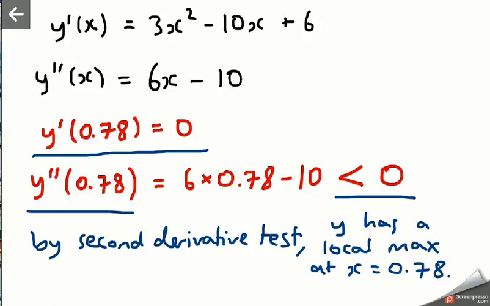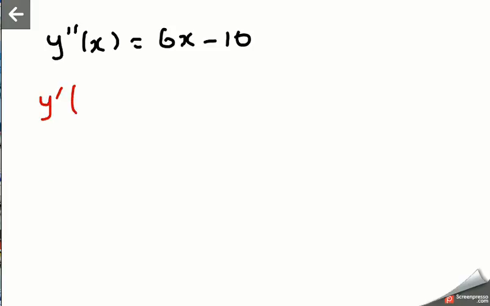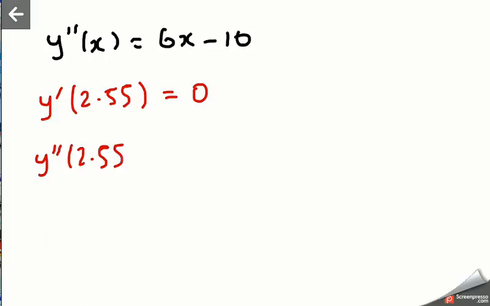Similarly, we can see that y prime prime of x is equal to 6x minus 10. We know from earlier that y prime of 2.55 was equal to 0, and now we can see that y prime prime of 2.55 is equal to 6 times 2.55.